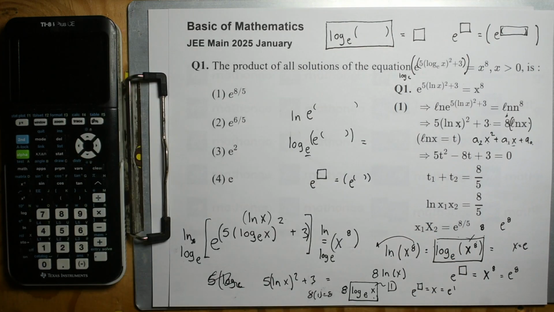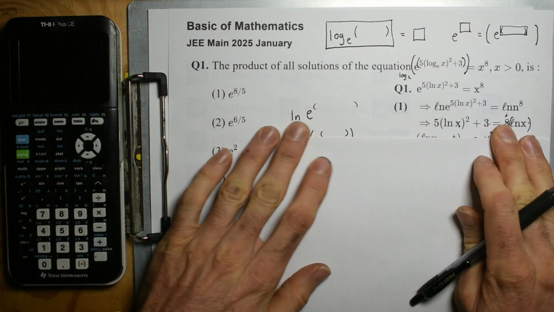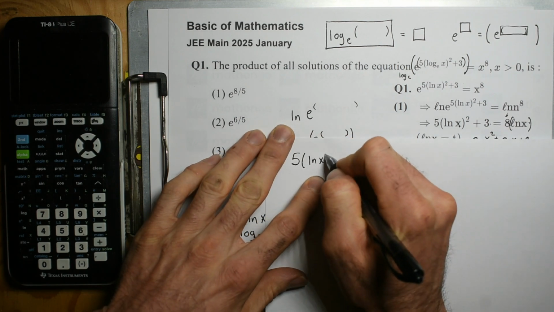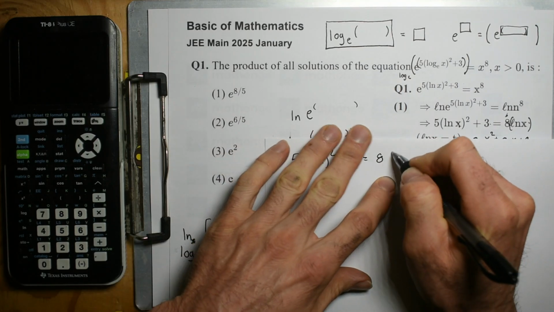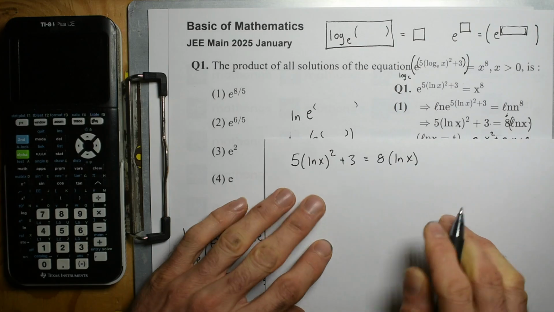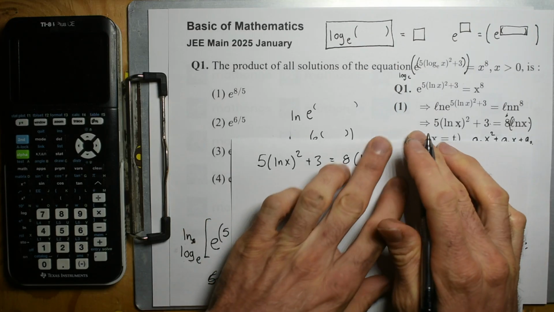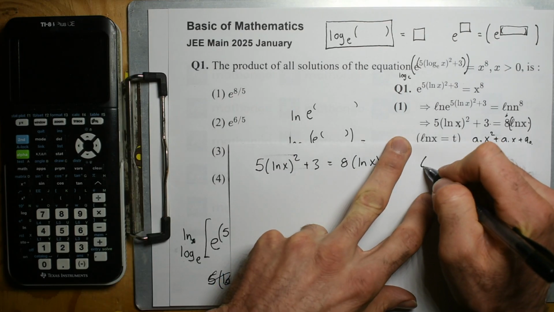So we have simplified it down to 5 ln x squared plus 3 is equal to 8 ln x. So let's write that. Let's get everything to one side. And then let's follow what they do. They're going to set another variable, t.